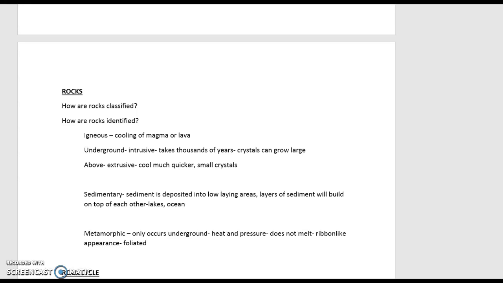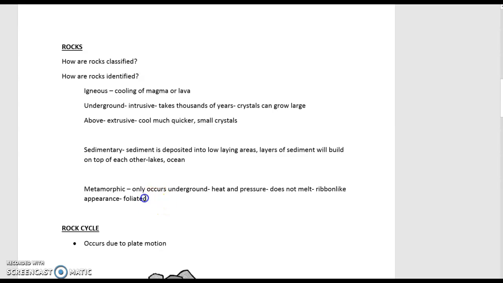And that we know, if we have foliated right away, that it's a metamorphic rock. They can be either foliated or non-foliated. So we could have marble or we can have schist, but it can be foliated or non-foliated. But that's one of the signs we can tell right away if we have those layers.